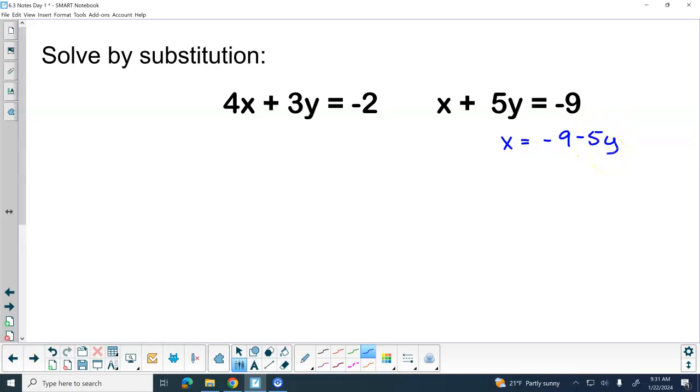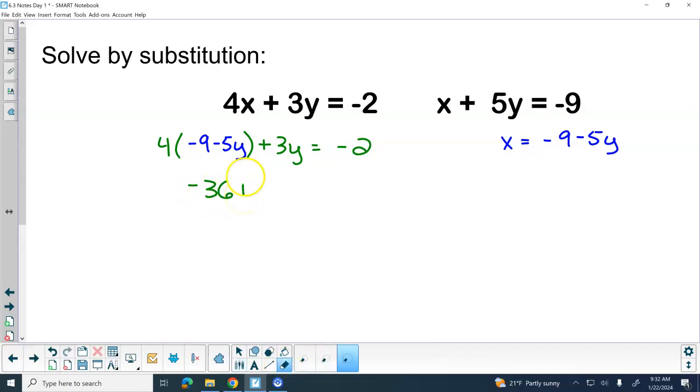Then I'm going to put that back into this equation. That's going to give me negative 36 minus 20y plus 3y equals negative 2.